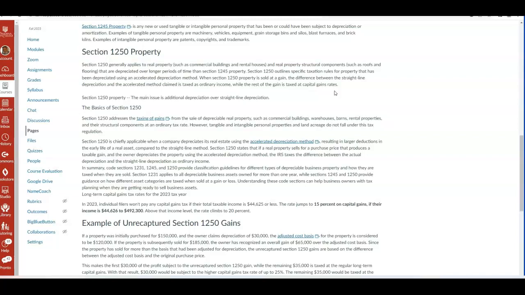Okay, so the rest will be at capital gain rates, and that is much more favorable. So the portion that you depreciated, and you have a gain, will be treated as ordinary income. The other remaining balance will be treated as capital gain and will use more favorable rates.